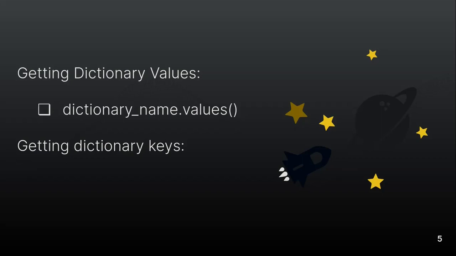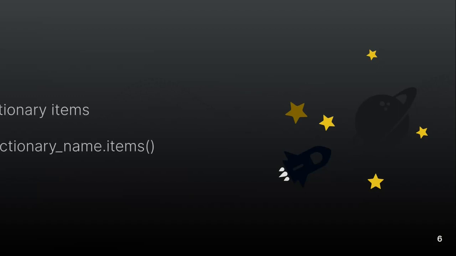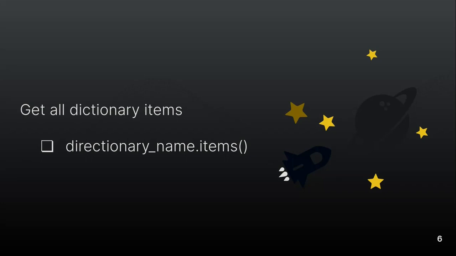Cool. So same thing, just the dictionary name dot and then keys. It will give you the list of all keys, right? But now we want something else. Instead of getting each of these individual keys and values, how do I get all of the key value pairs from my dictionary? Is there a method? And yes, there is a method.